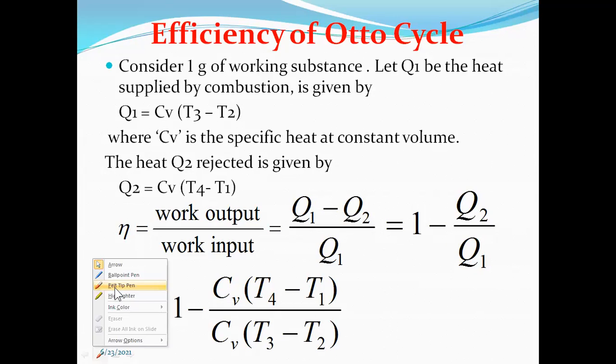So let me take a pen. The efficiency of any engine, that is the Otto engine or anything, is nothing but eta equal to output divided by input. That we know very well. But in the calculation of efficiency of the Otto cycle, just recall the concepts which we learned in the last lecture.